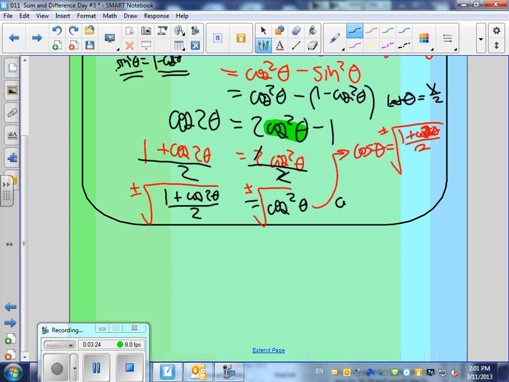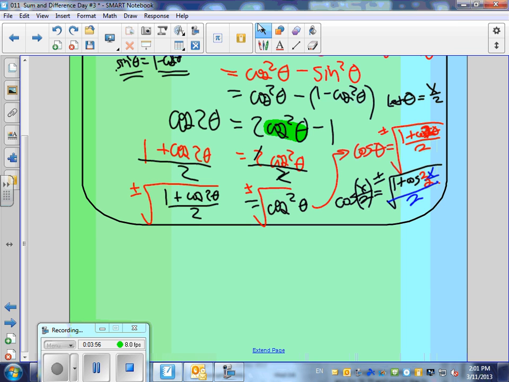So that changes cosine of theta into cosine of x over 2, which will be equal to plus or minus the square root of 1 plus cosine of 2 times x over 2, all over 2. Anything cancel out? Yeah, those 2's are going to cancel out.